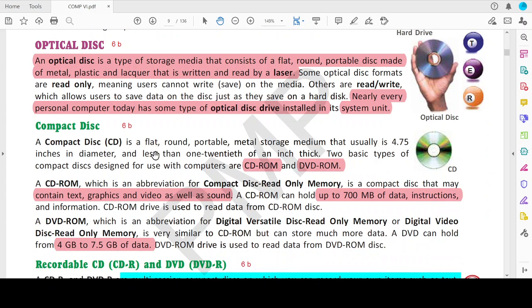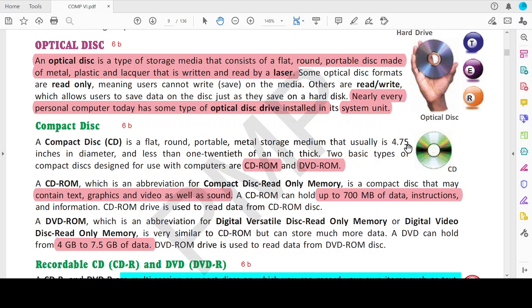A compact disc is a flat, round, portable metal storage medium that is 4.75 inches in diameter and less than 1/20th of an inch thick. So 1/20th of an inch is the thickness of the disc. And what is the diameter?